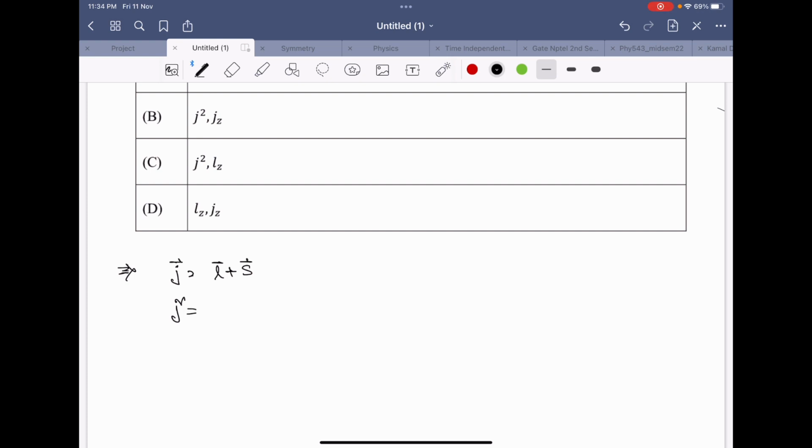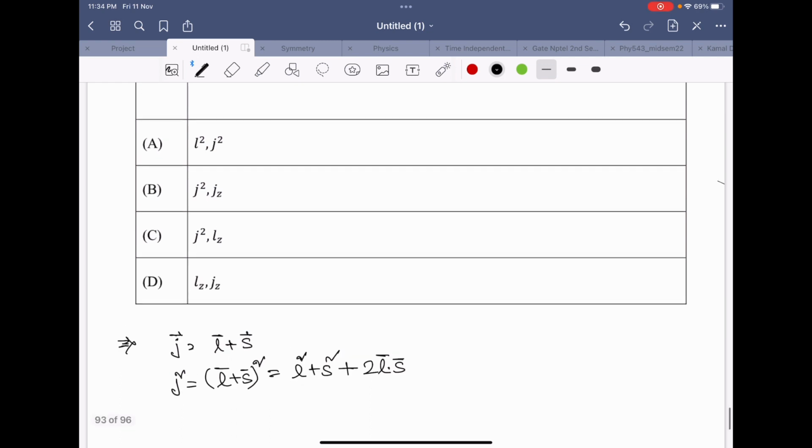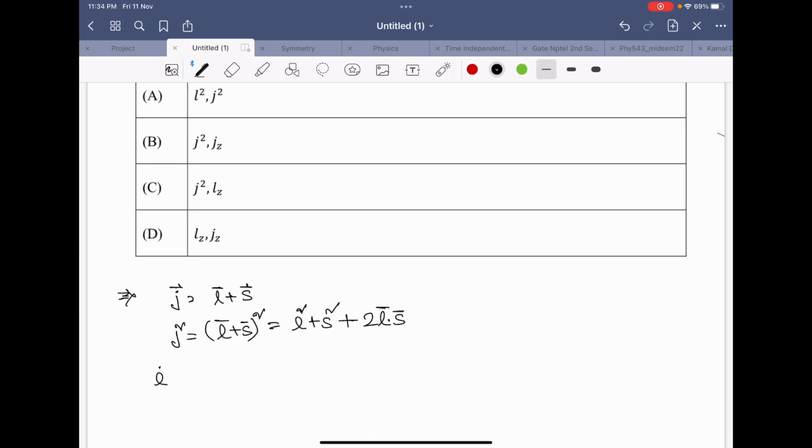So J square is (L plus S) square, that is L square plus S square plus 2 L dot S. Now the first option is the commutator of L square and J square.